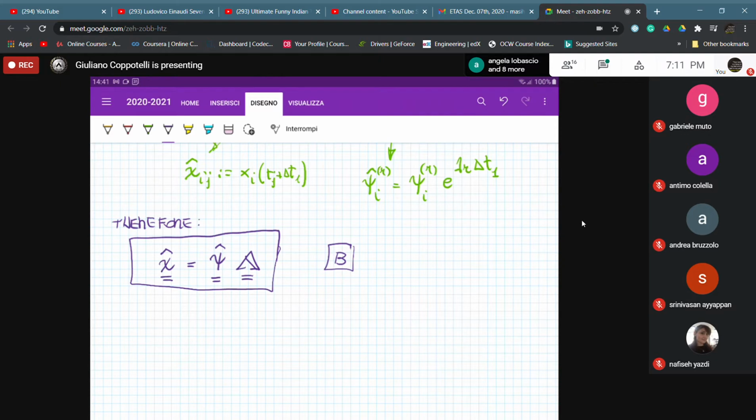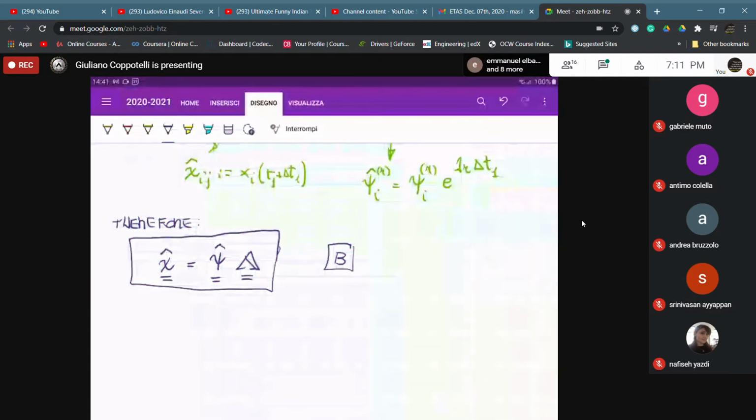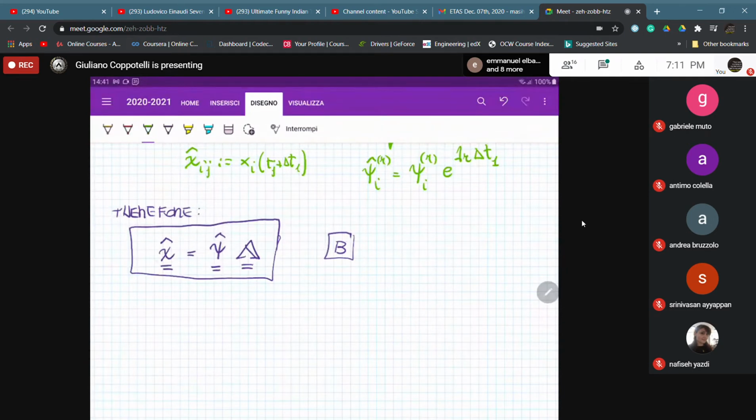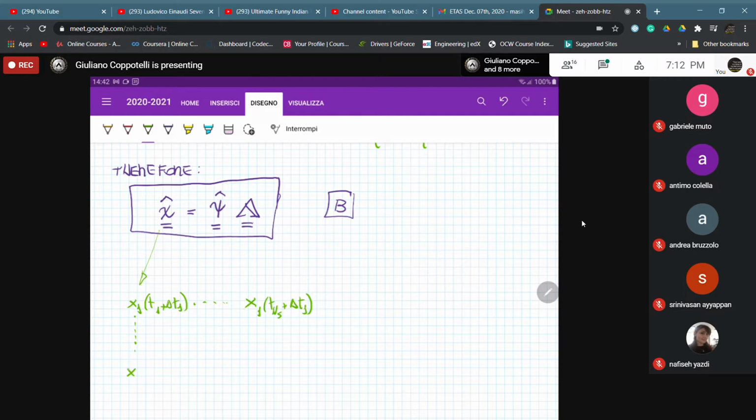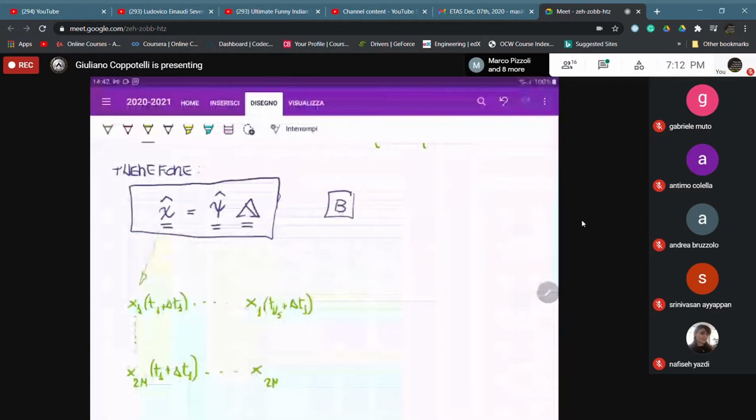Okay, please note that your chi matrix has the same structure as we already discussed, that is equal to x_1(t_1 plus delta t1) up to the last point for that row, t_ns plus delta t1, and then to the end x_2m(t_1 plus delta t1) up to x_2m(t_ns plus delta t1).